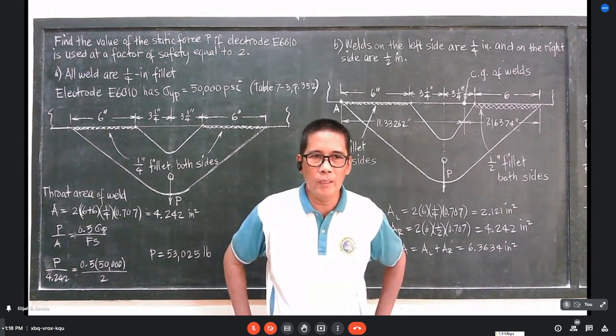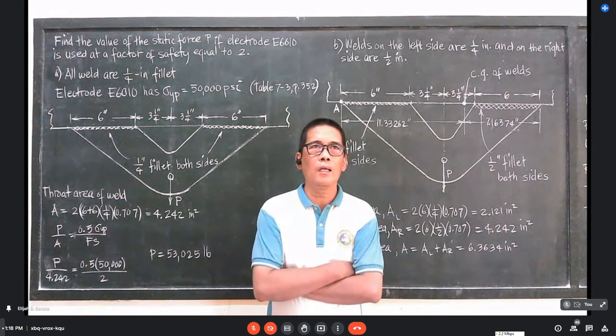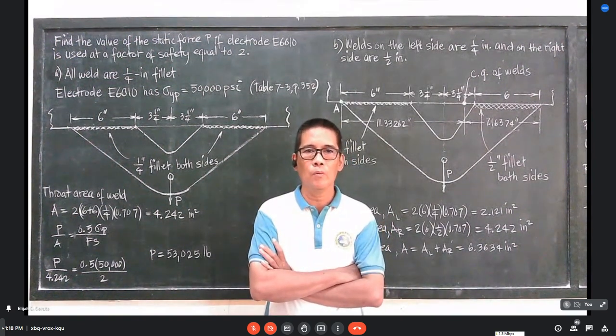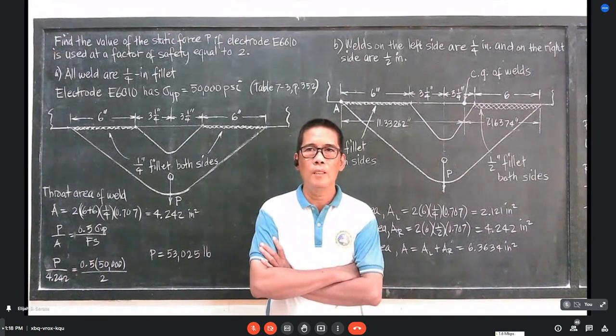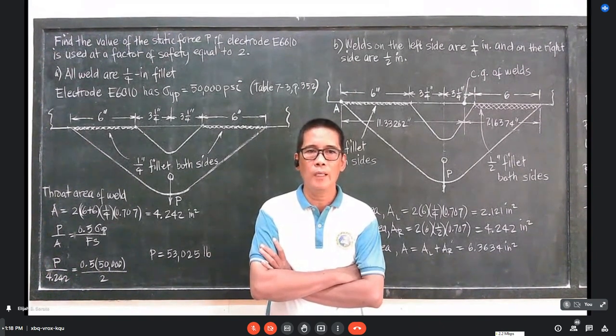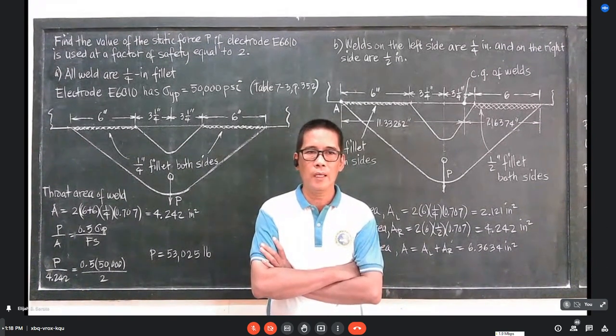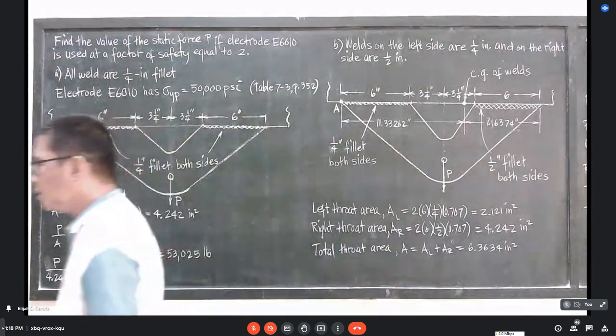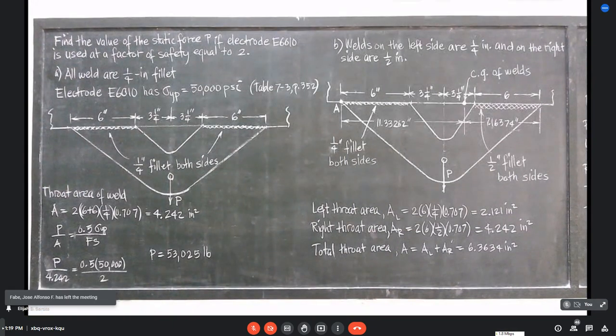So when you have an eccentric loading, you have two kinds of stresses acting on the joint: the direct shear and the twisting shear. That is just as a review.